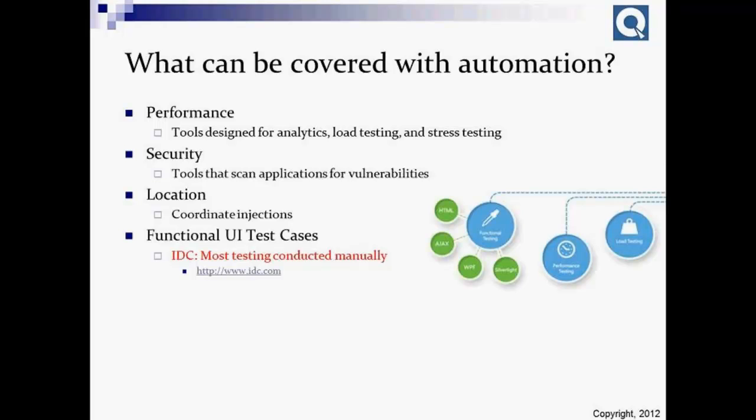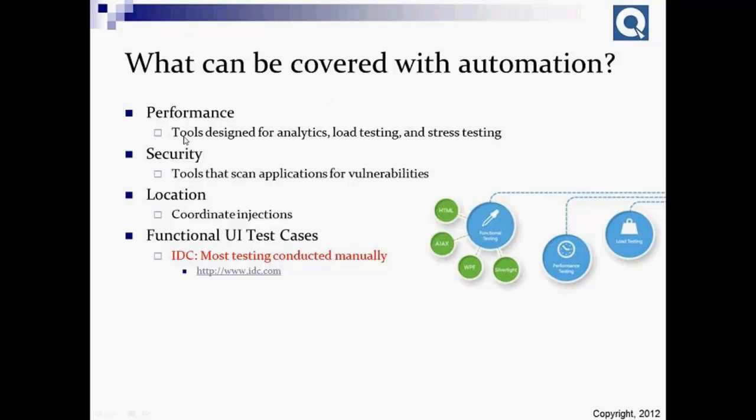An interesting statistic: the IDC, which is another large data analysis firm that collects information on one of their categories, telecommunication, found in their studies that close to 80 to 90% of all tests being done on mobile devices are being done manually. So in the functional realm, this is where the bang for the buck is in applying an automation solution.